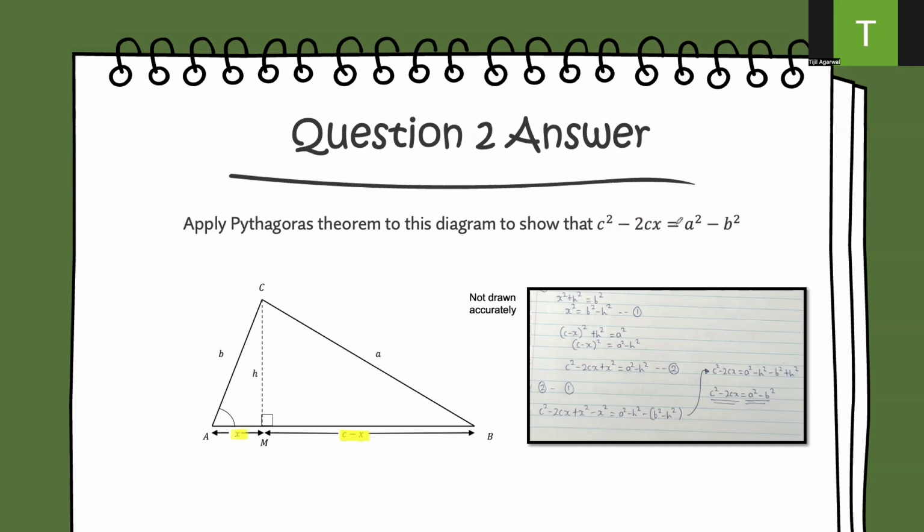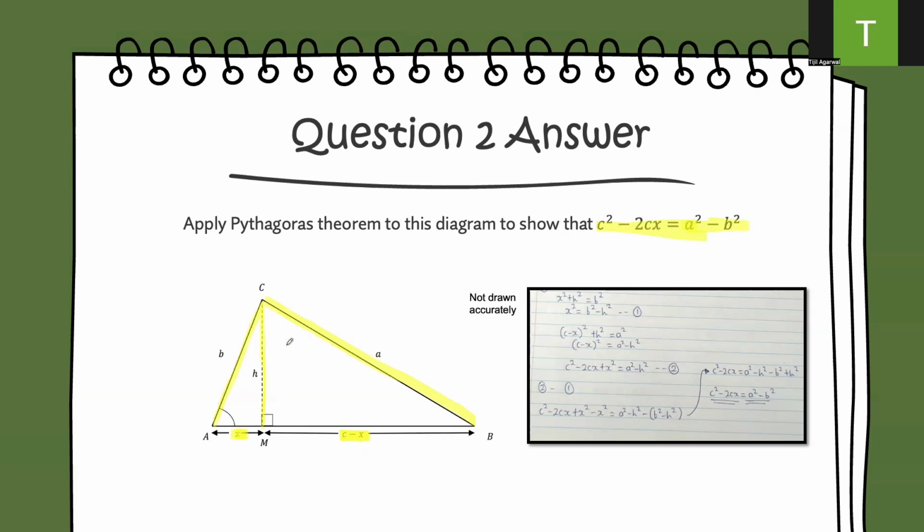If you want to show that this is equal to this, we need to build a relationship from them, right? So we can see that c and c minus x have some relationship with this side and this side using Pythagoras theorem, right? Similarly, we know that this side x has some relationship with this side and this side, okay? And we're going to use our relationship to try and figure out if we can get this thing to be true, okay?